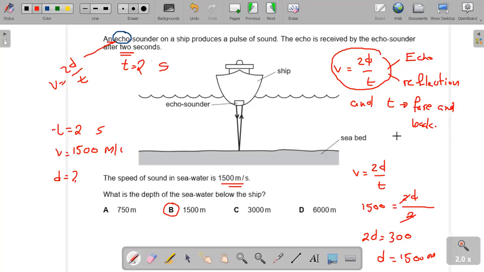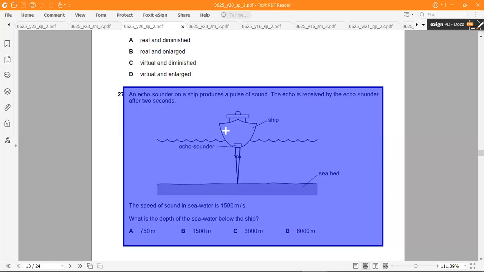Forward and backward. This idea was repeated with us yesterday and today.